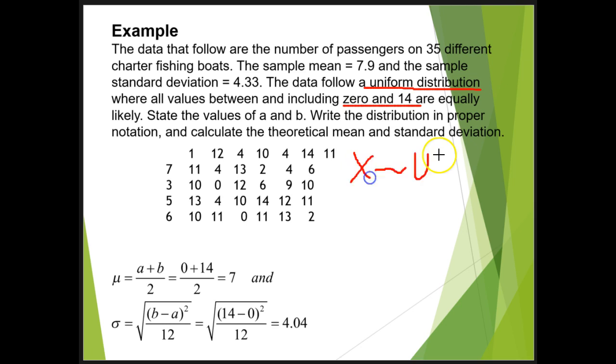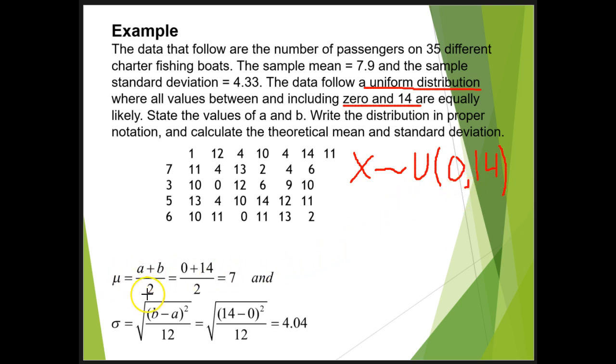So we know that x is a uniform distribution between 0 and 14. Okay. So the values of A and B: A is 0, B is 14. It's the lowest and the highest. Write the distribution in proper notation, that's this, and then calculate the theoretical mean and the standard deviation.